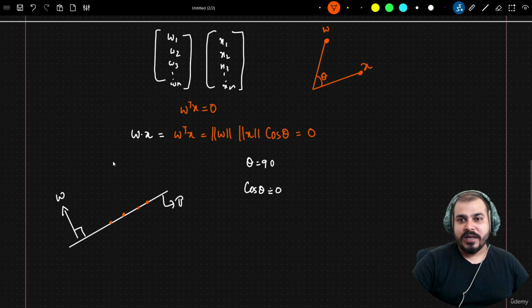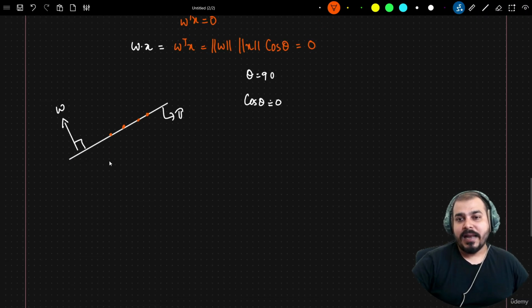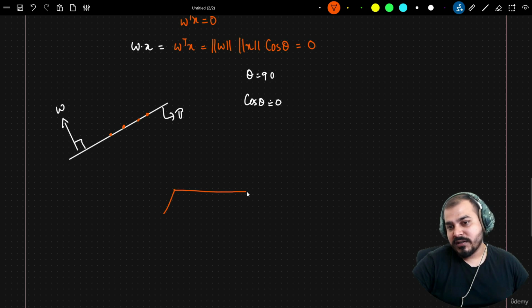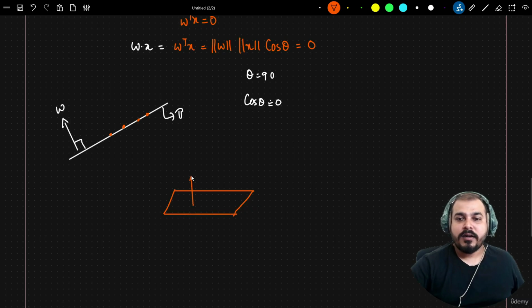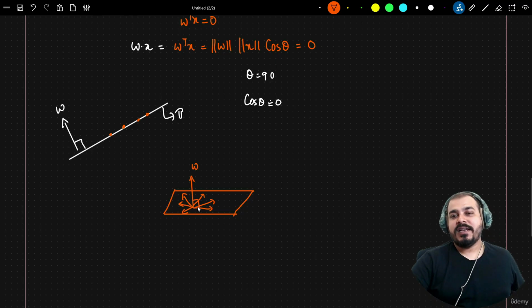Now this is with respect to a 2D line. Similarly, how does a 3D plane look like? So let's consider that this is my 3D plane. Now in this plane, if I try to create a straight line, this is basically my W, and this will always be perpendicular to every point that I see over here, X1, X2, X3, X4, X5, whatever plane we are creating.